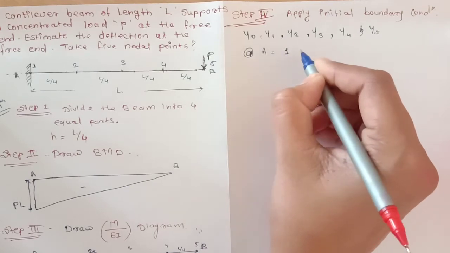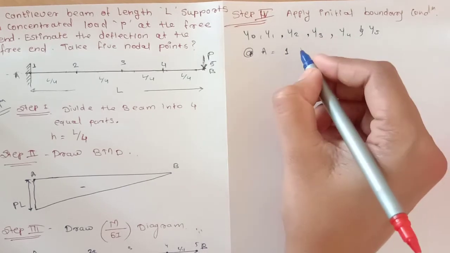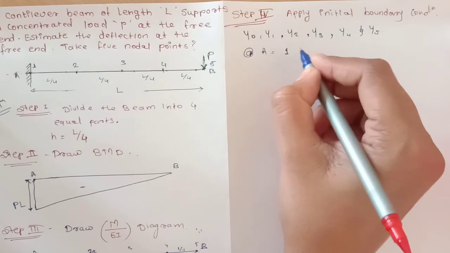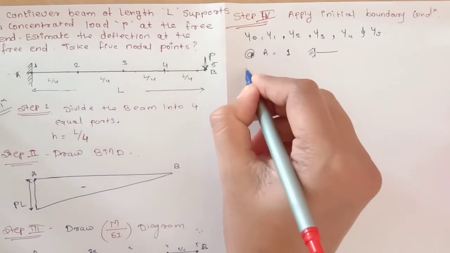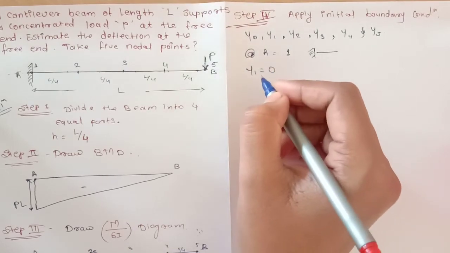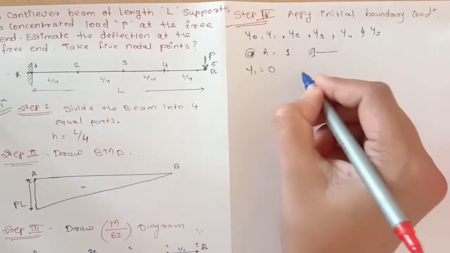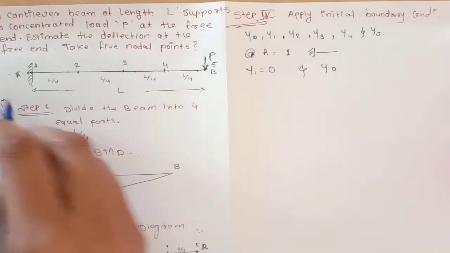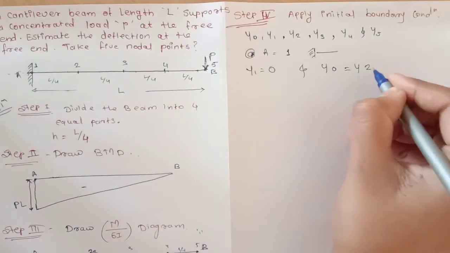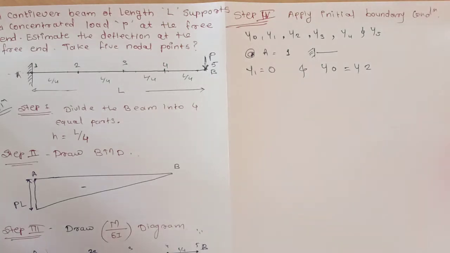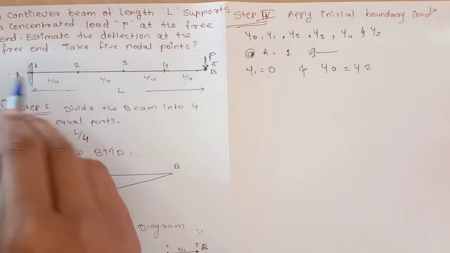From this, y1 is equal to 0 because of the fixed support, and y0 is equal to y2 due to symmetry on both sides of the fixed support.